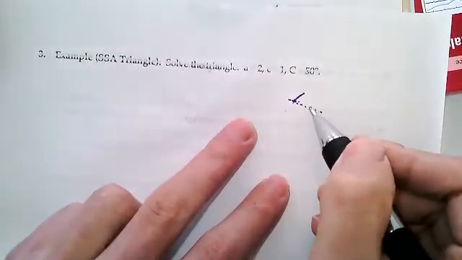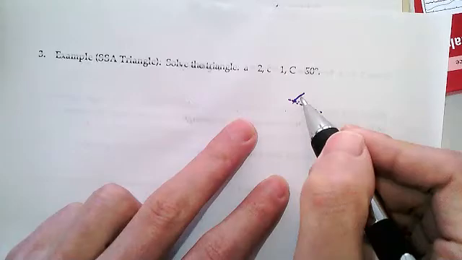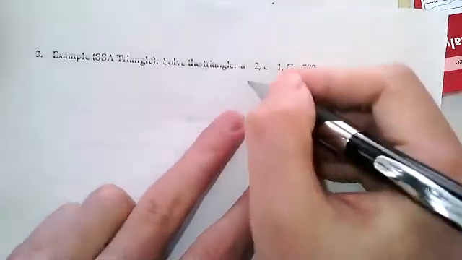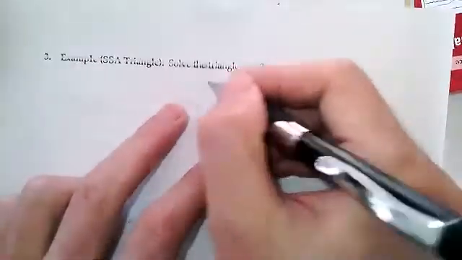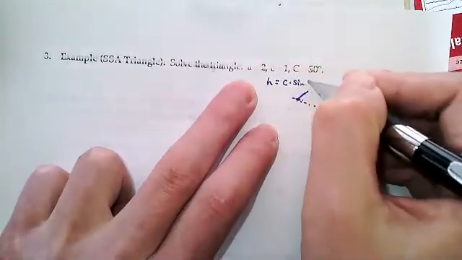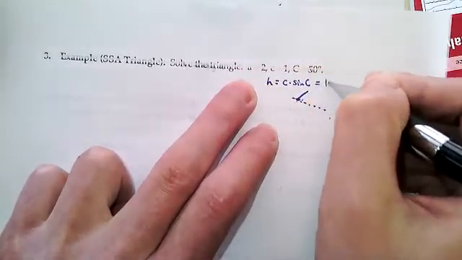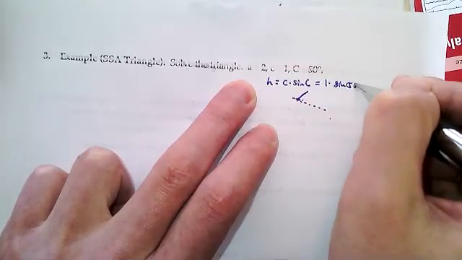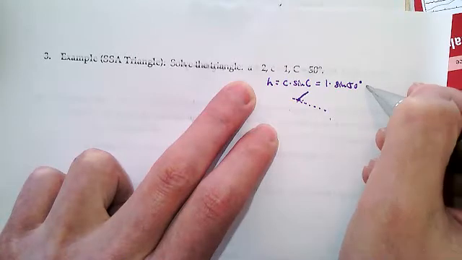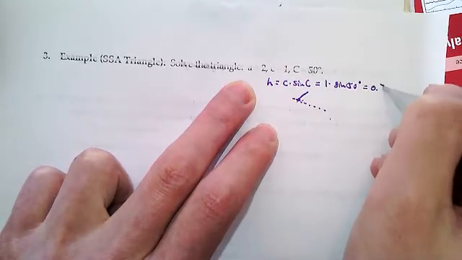So what is the height? Can anyone tell me what's the height? So height is C times sine C, which is 1 times sine 50. Can anyone tell me what is sine 50? 0.77. Very good.